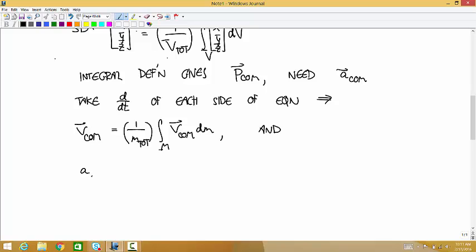And the acceleration of the center of mass is equal to 1 over the total mass times the integral of the acceleration of each individual center of mass, dm. Okay, so there are the integral definitions of velocity and acceleration.